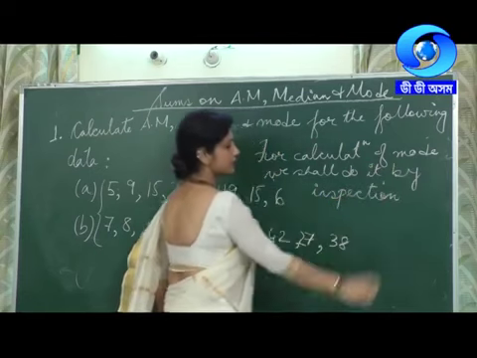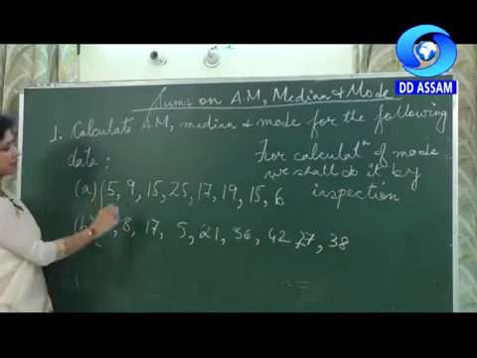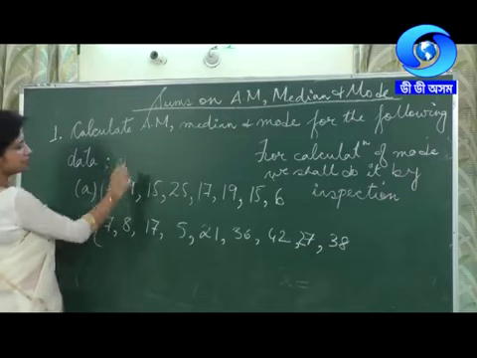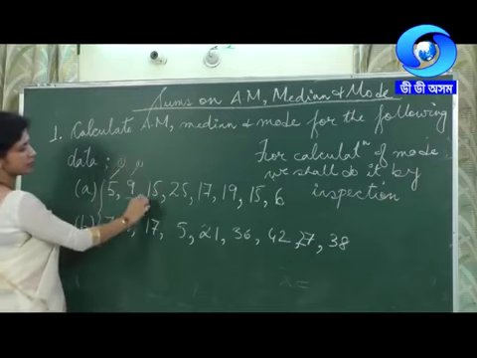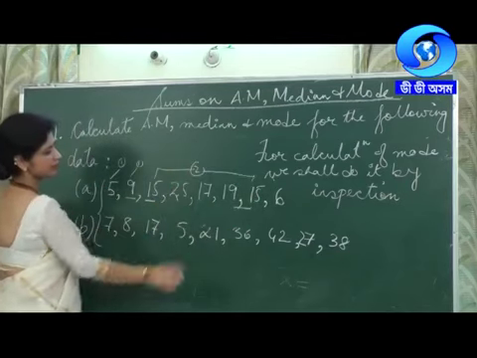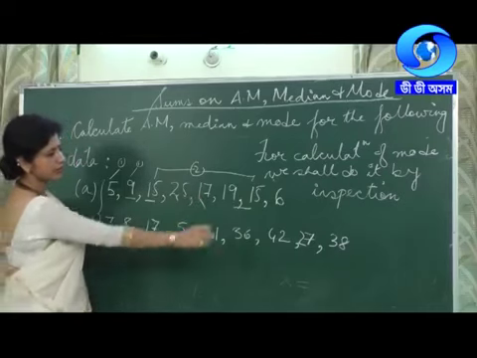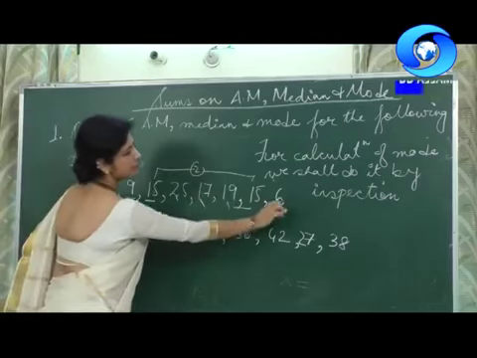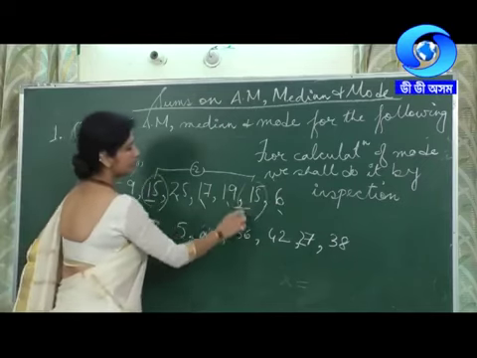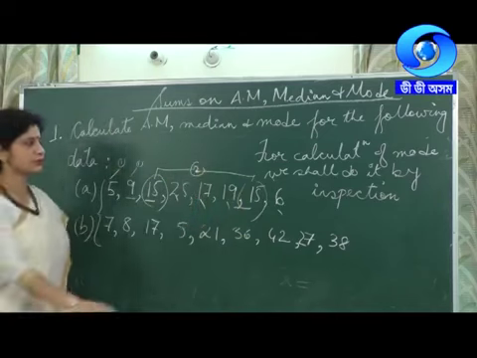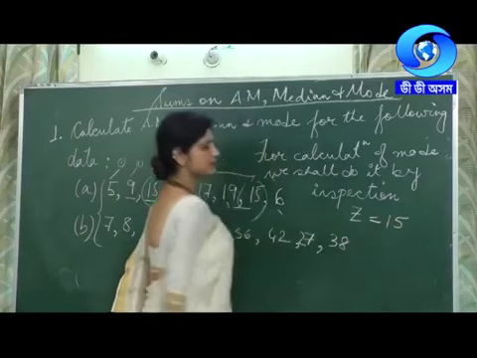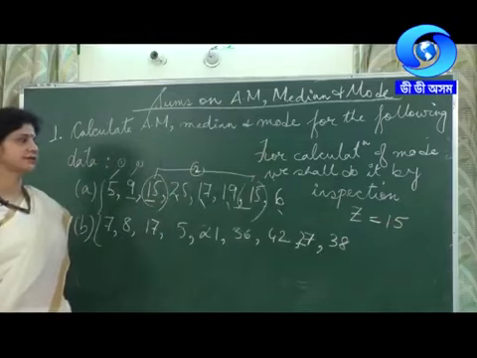So you will look into the series and you see how many times each of the values are occurring. 5 is occurring only one time, 9 is occurring one time, 15 occurs 2 times, 25 is occurring one time, 17 is occurring one time, 19 occurs one time, 6 also occurs one time. That is, there is only one value which is occurring twice. So what will be our mode? Mode will be equal to 15 because it has the highest number of occurrences.